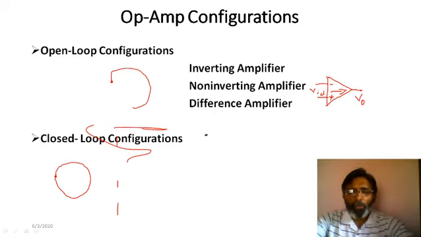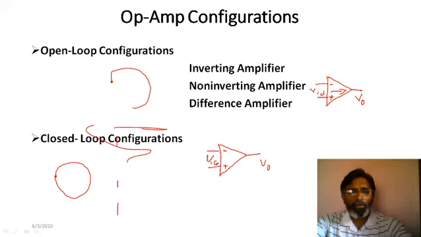Whereas in closed loop configuration, you can see this is the op-amp. We have this inverting input and this is the non-inverting input, and this is the output. This is VID.